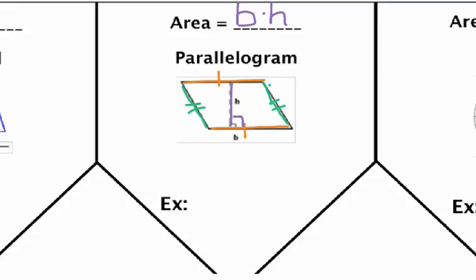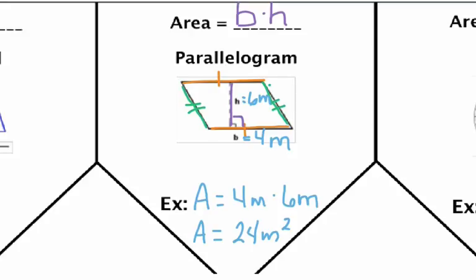And now that I know my right angle, I know that the height and the base will be connected to that right angle. So we'll use the measures for the base will be 4 meters. The height will be 6 meters. So let's calculate our example.